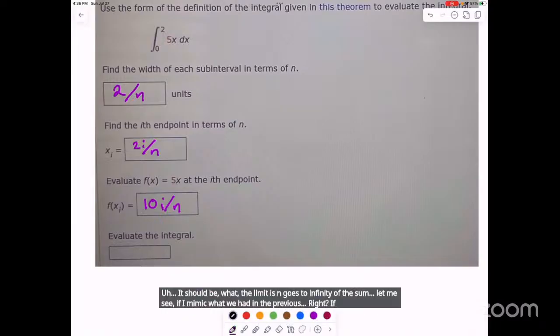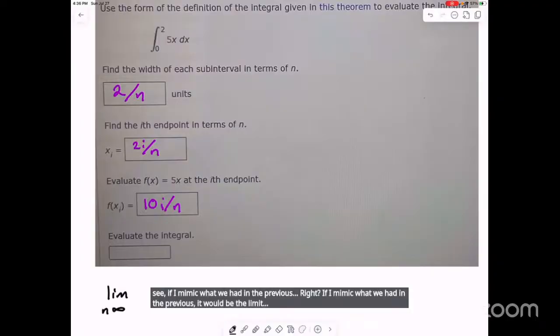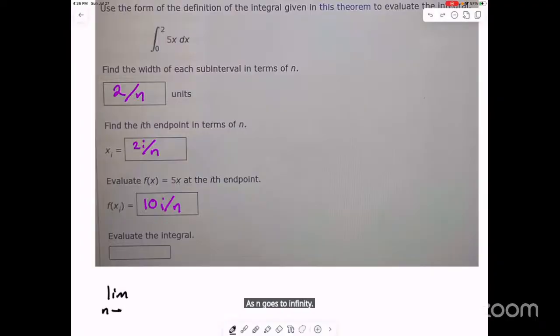If I mimic what we had in the previous, it would be the limit as n goes to infinity of the sum as i goes from 1 to n of 5x. Okay.